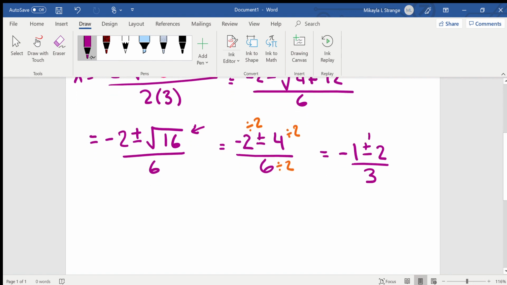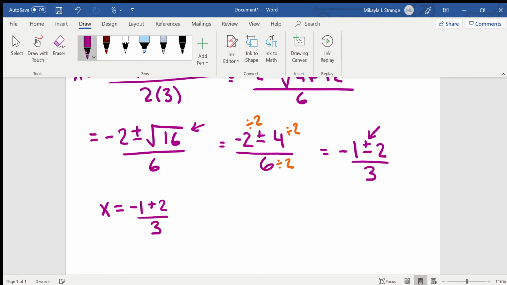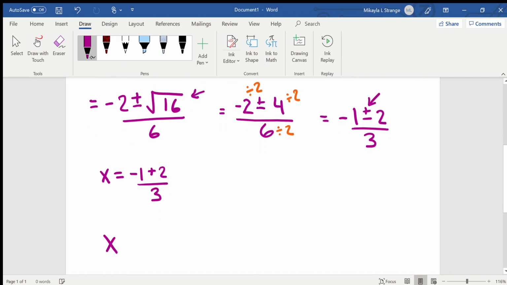And this plus or minus tells me that I'm going to have 2 answers. So the first I'm going to write is x is equal to negative 1 plus 2 over 3, and x is equal to negative 1 minus 2 over 3. And then from here on, just doing the math.